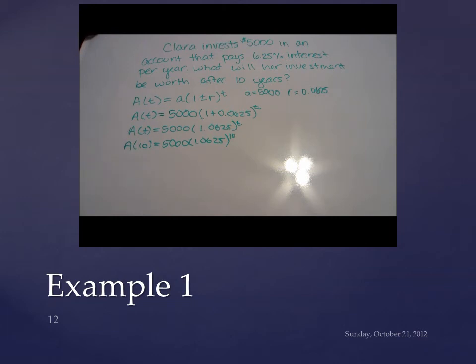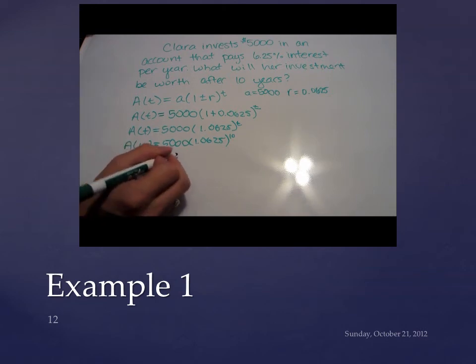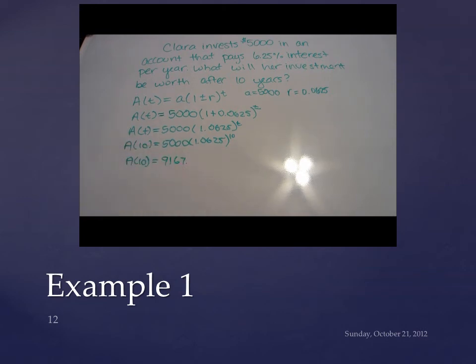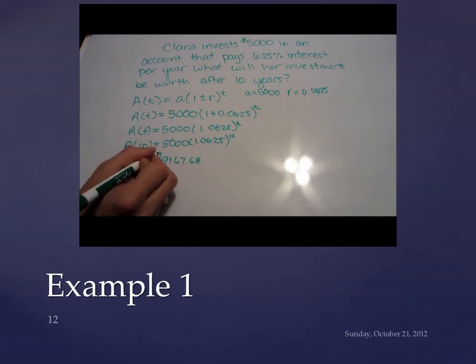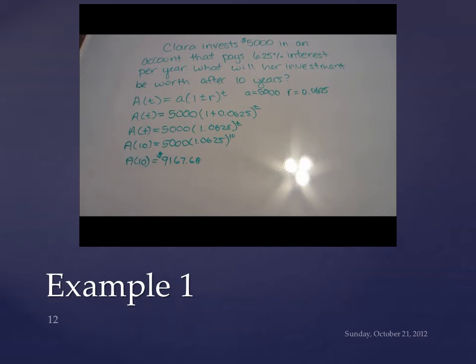If we multiply that all out, we get that after 10 years, her account will be worth $9,167 and 68 cents. And don't forget your dollar sign. Since it's a word problem, we want to make sure we have our units. So after 10 years, starting with $5,000, she has a total of $9,167.68.